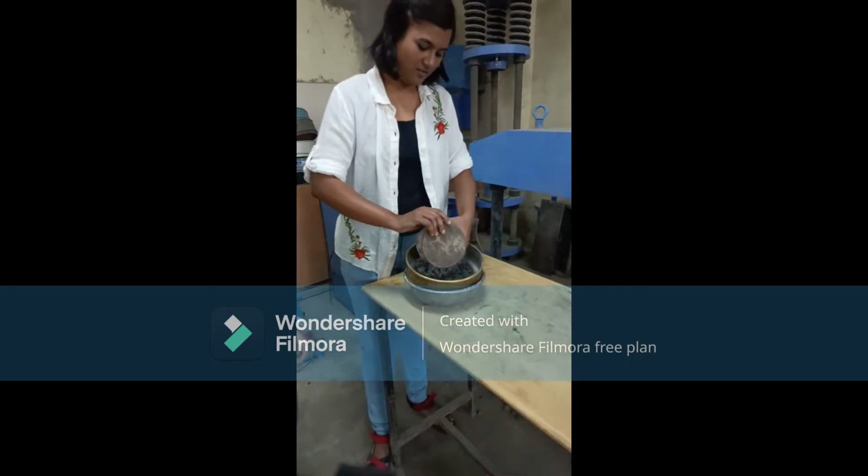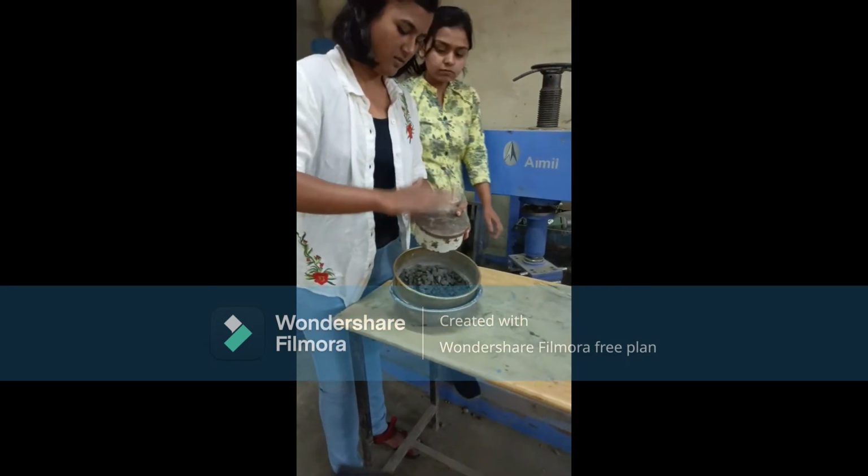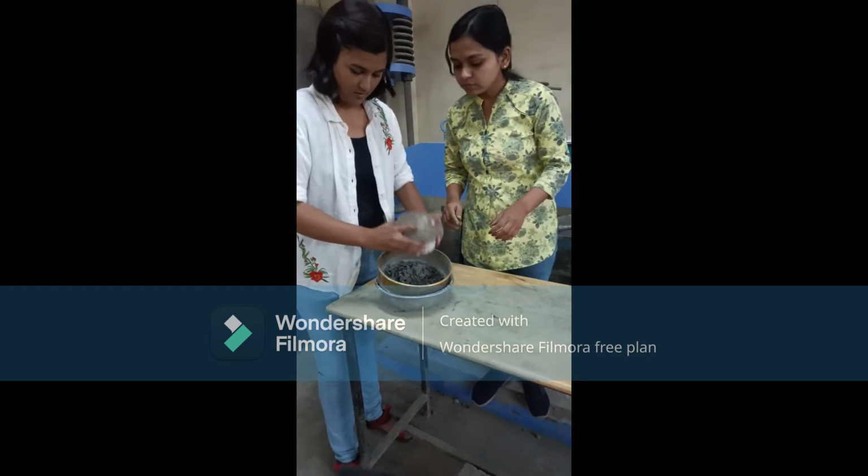The crushed aggregate is removed from the cylinder and sieved on a 2.36 mm IS sieve.